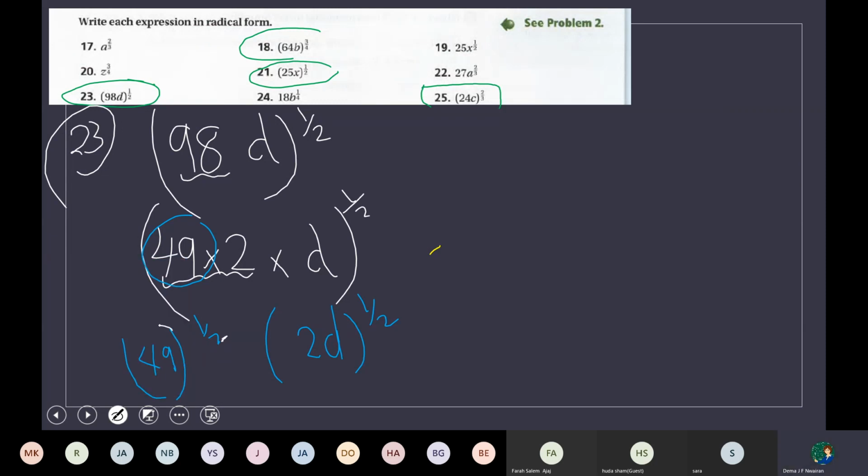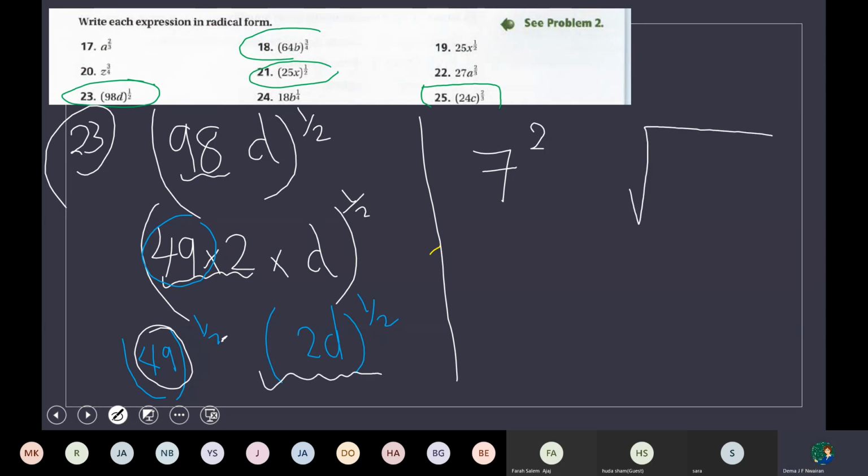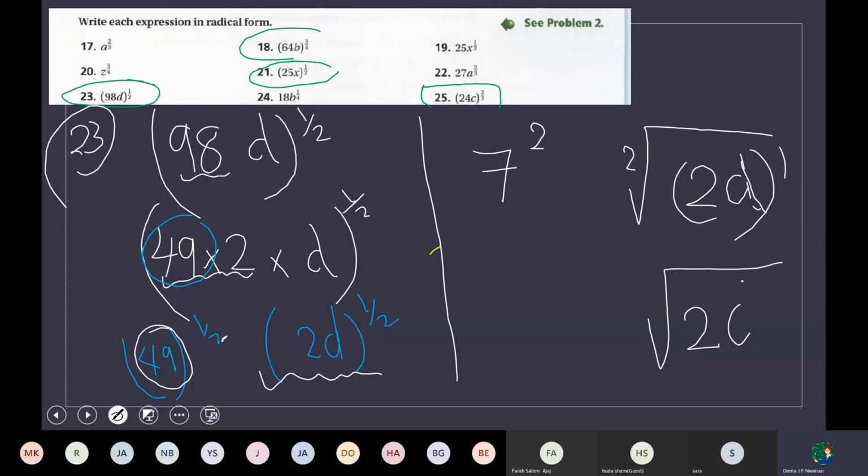I will go back to the 49. We said that 49 is 7 squared. And here we have 2d raised to the power half. That means I put the root sign on 2d raised to 1, so I keep it as the square root of 2d.